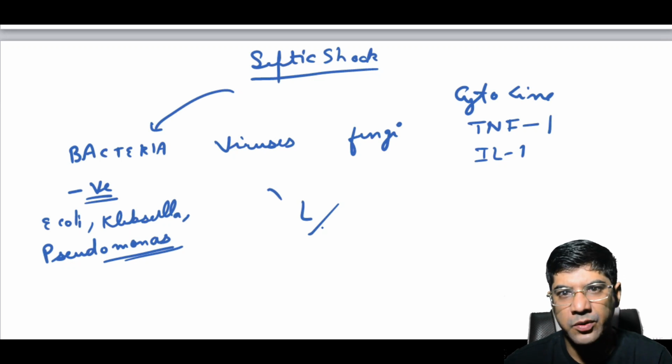The other type of shock is neurogenic shock, which occurs due to nervous system damage leading to excessive blood vessel dilation. It results from damage to the nervous system leading to loss of sympathetic tone and massive vasodilation. Causes could be spinal cord injury, spinal anesthesia, medications and toxins like general anesthesia or ganglionic blockers.